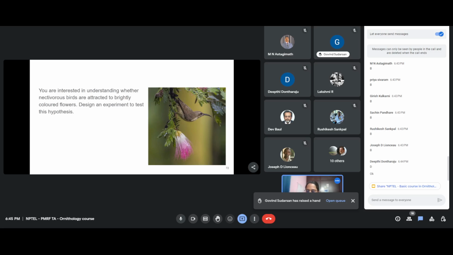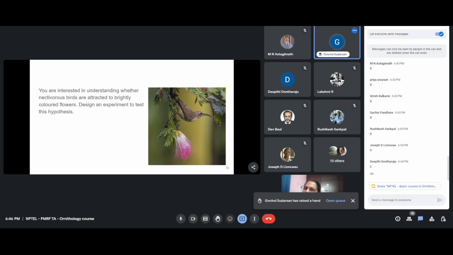Yeah, Govind. Ma'am, I thought of a rather simple but hopefully effective experiment. I take a nectar-feeding bird, like say a hummingbird or a sunbird, and then I take a small container with some nectar in it, and I see how many birds are attracted to the source of nectar.